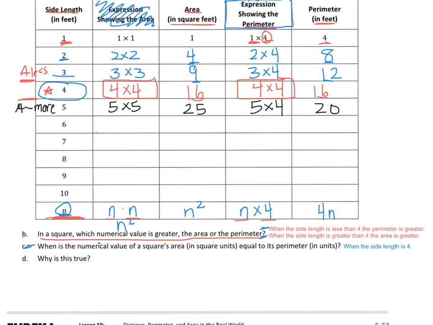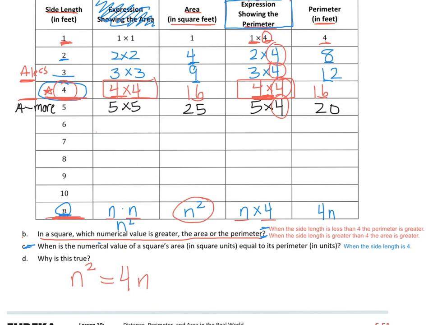It's a square, so we're already given this 4. And we see it consistent all the way through. So in order for that to be the case, we have to have another 4 right here. And if that's the case, that's the side length of 4, we know we're doing 4 times 4 here. So we have n squared equals 4n, and we can see that.